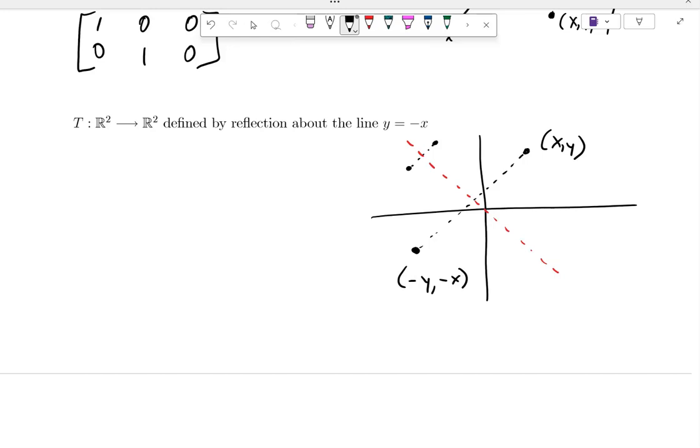Let's do some specific numbers here. Let's say we had the point -2, 1. Where would that end up?